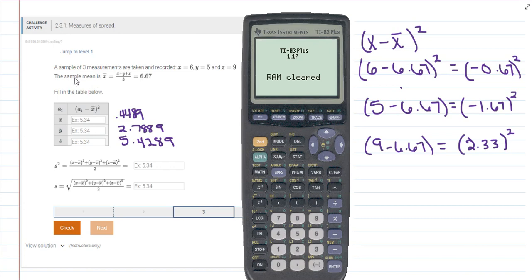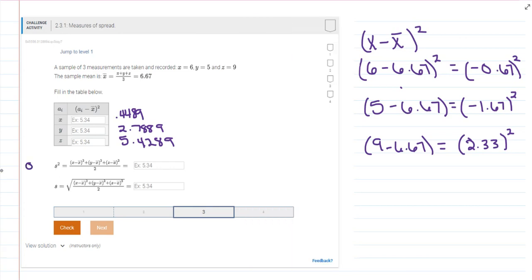It's telling us this is a sample mean. So just to keep that in mind, you're going to have different symbols if it's a population. The variance for a population would be sigma squared, and then the standard deviation is just sigma for a population. But it will tell you that in the problem.